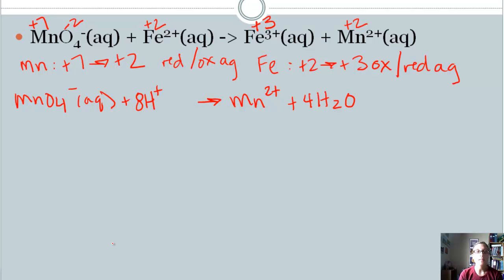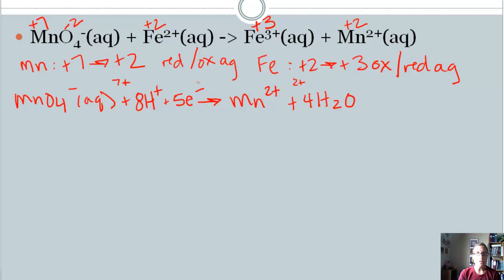H+. Now I need to balance my charges. Well, here I have a 1- and 8+. That gives me a total of a 7+ charge. Here I have a 2+ and neutral, so I have a 2+ overall. So that means on this side I want to add 5 electrons to make the charges the same on both sides.